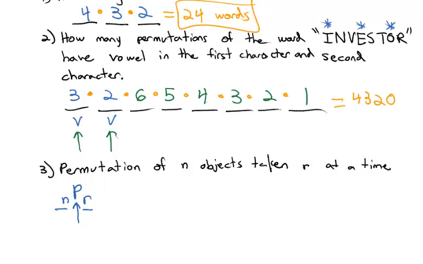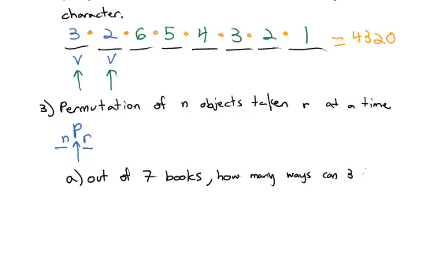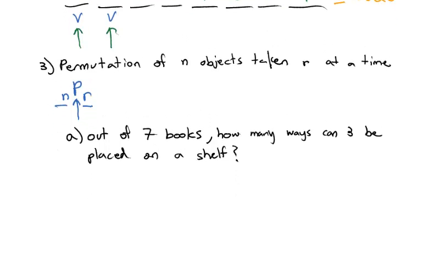So, for example, out of 7 books, how many ways can 3 be placed on a shelf? Now, doing this 2 different ways. First, doing it with the multiplication axiom.